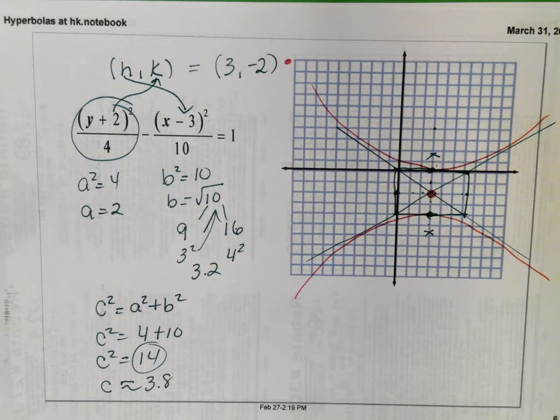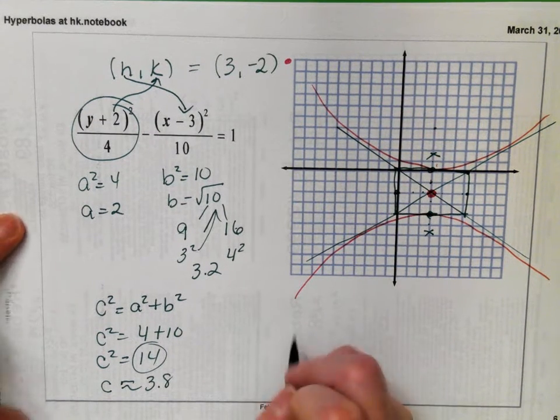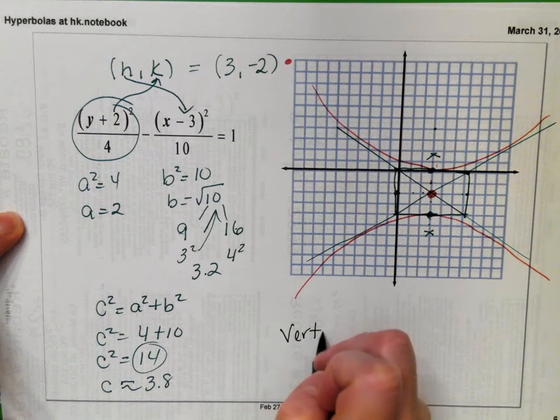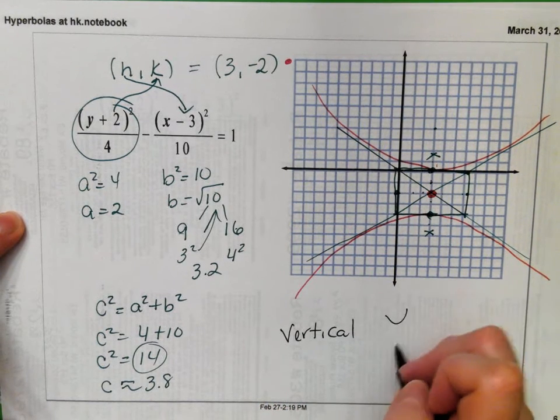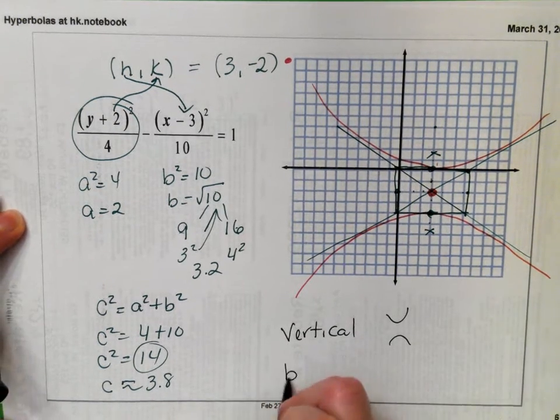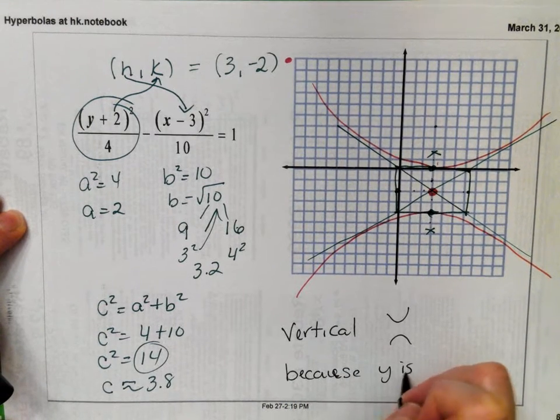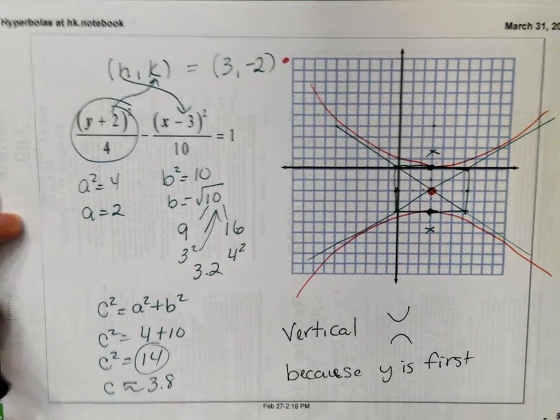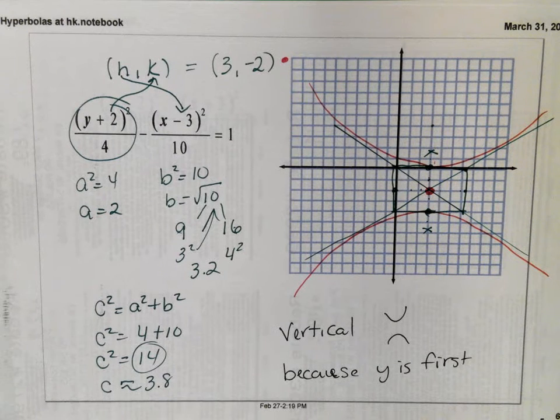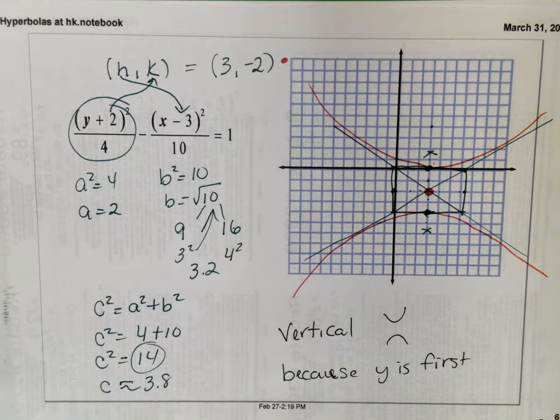There it is. Not so shabby there. Now we know this one is vertical. It goes up and down, and I know that because y is first. So if x is first, it goes side to side, and if y is first, it goes up and down.